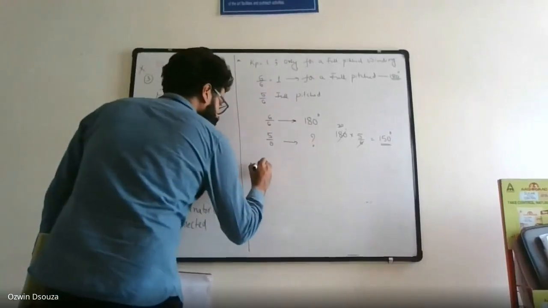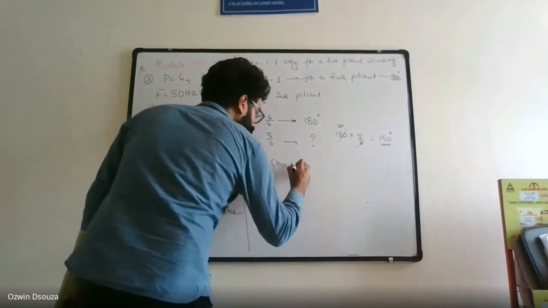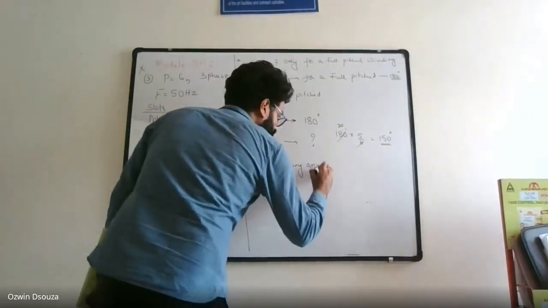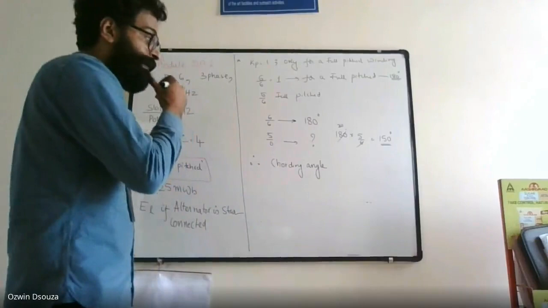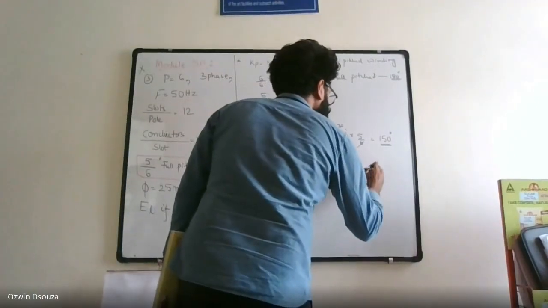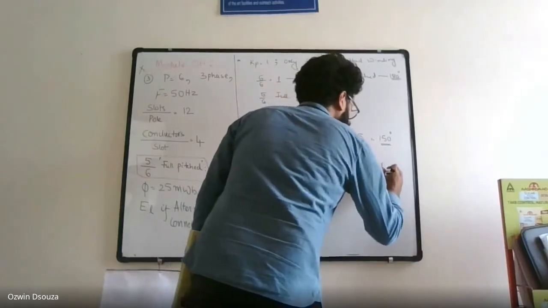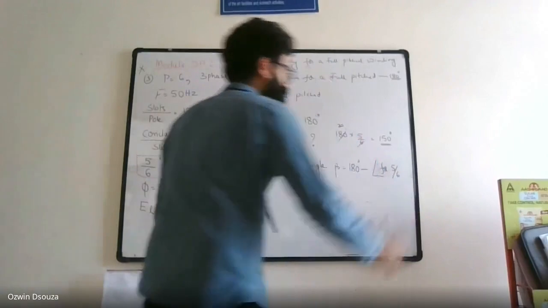Therefore, the chording angle beta is nothing but 180 degree minus the angle for 5 by 6.